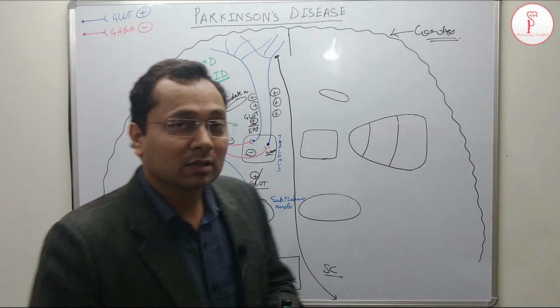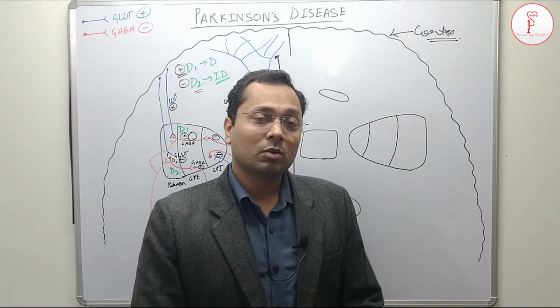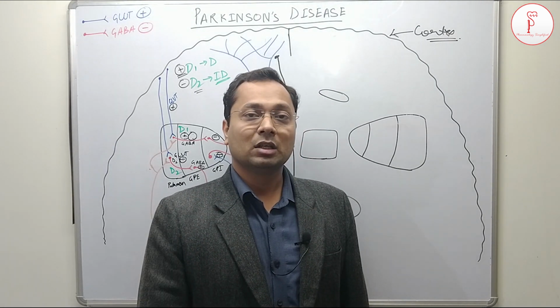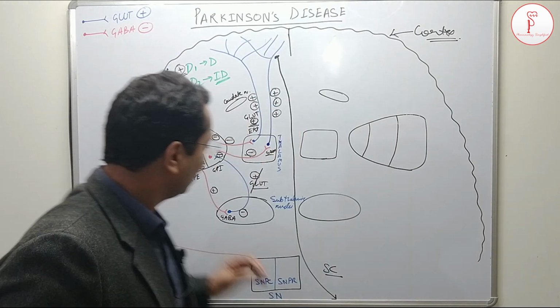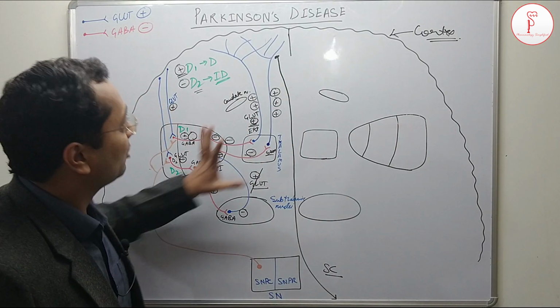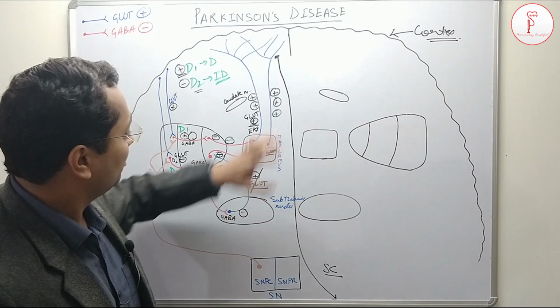So what was earlier a smooth, strong, coordinated movement now becomes a slow, jerky movement, right? Because the activities are not coordinated. The impulses that were being fed from this side are now not being fed.